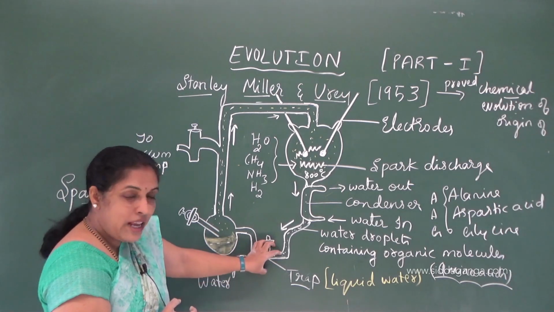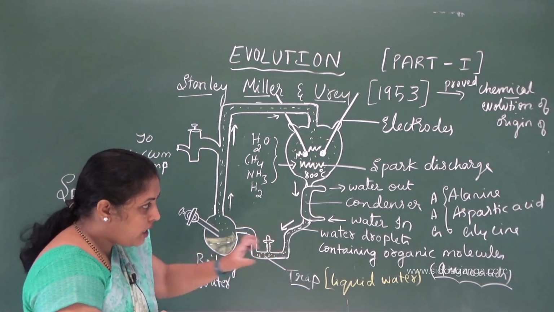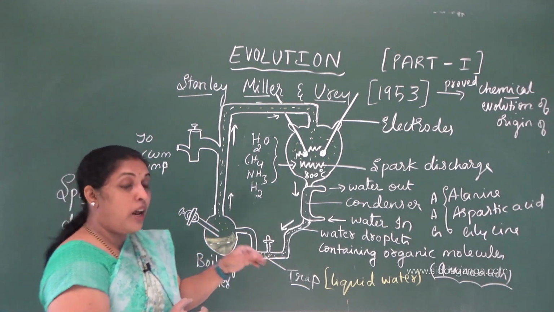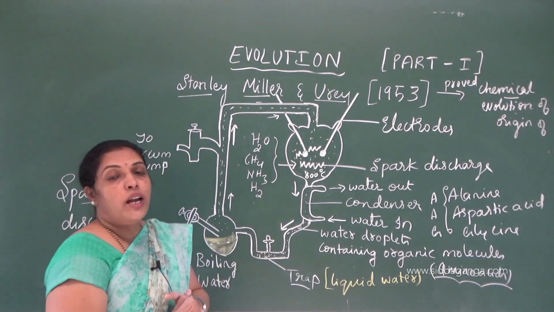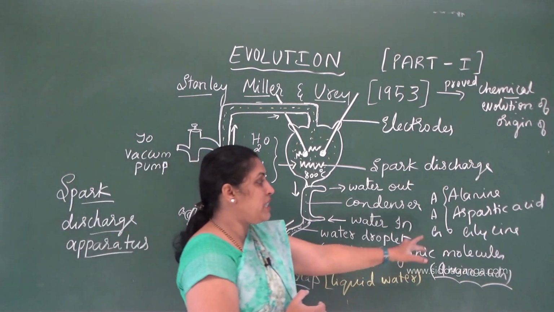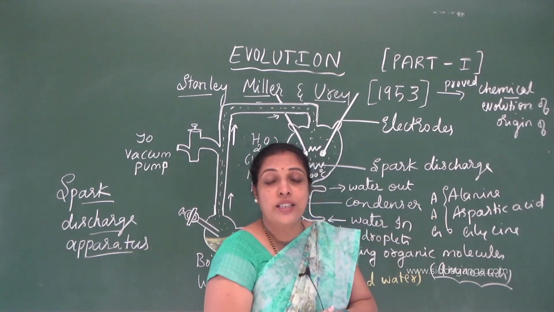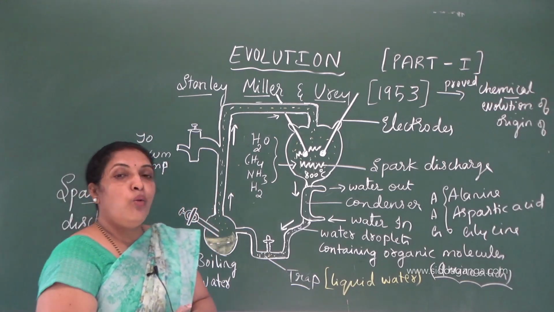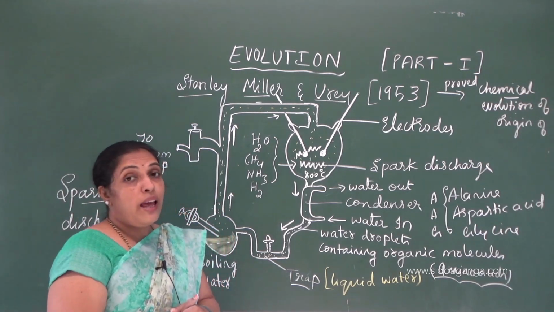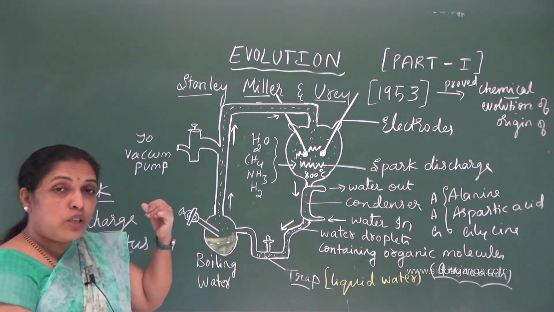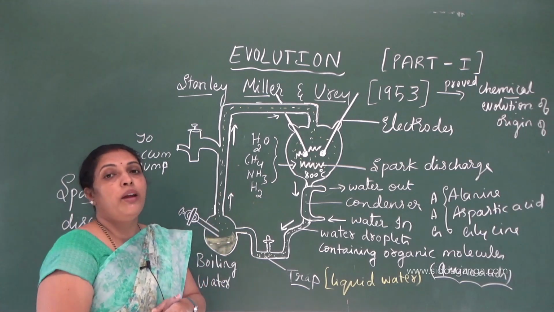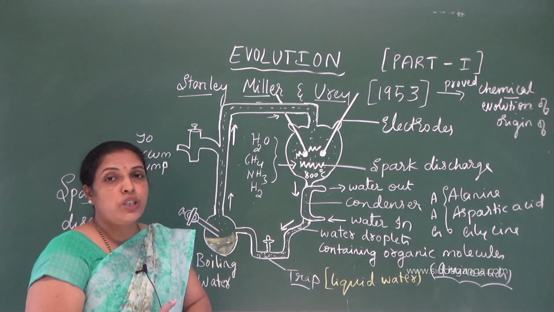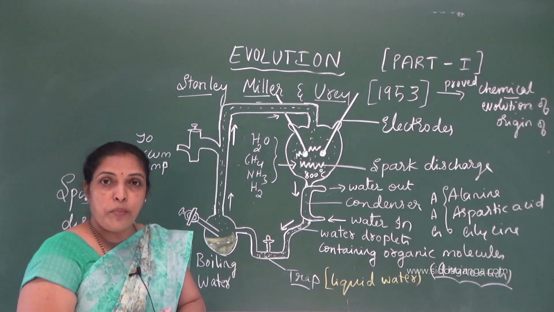So when we analyze the chemicals present in this liquid trap, it shows the presence of amino acids like alanine, aspartic acid and glycine. So this proves the chemical evolution of origin of life. Like this, many scientists also did the same experiment, and they found sugars, nitrogen bases, pigments.